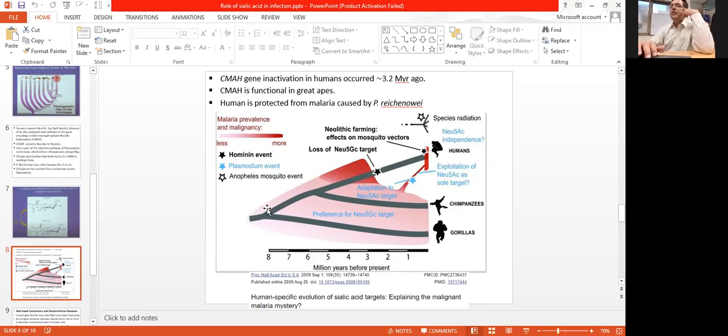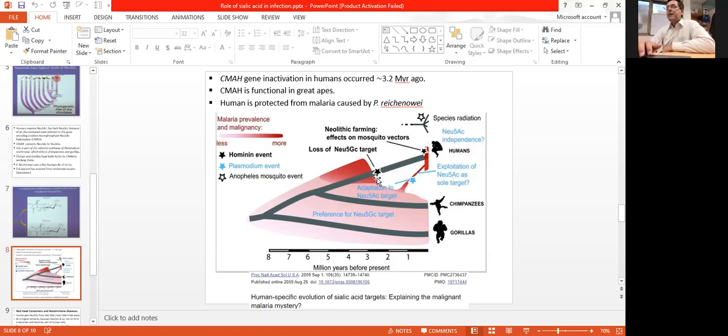And initially, these malarial parasites had established a very long association with our ancestors. They were causing this problem, and this severe, malignant form of malaria appeared between 3.5 to 4 million years ago.